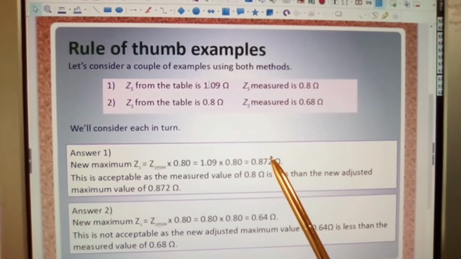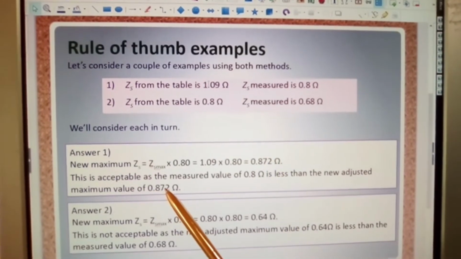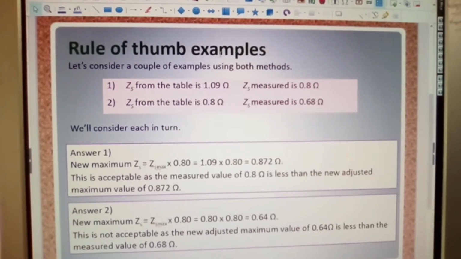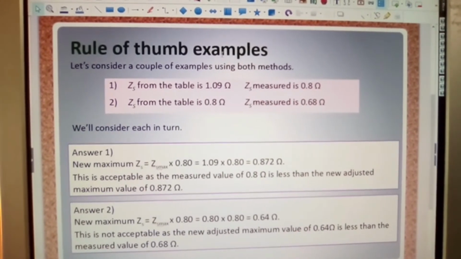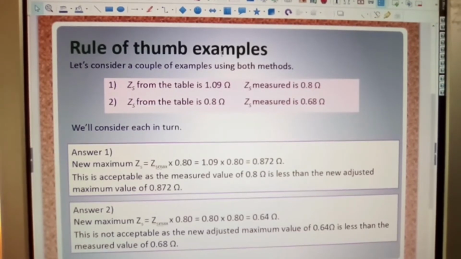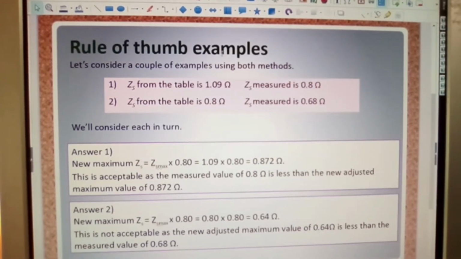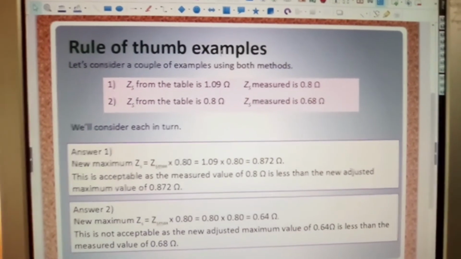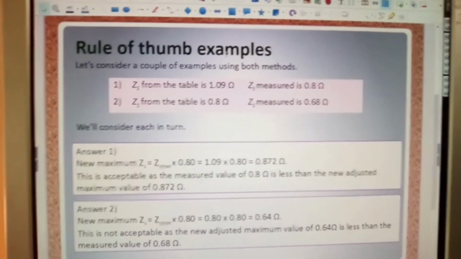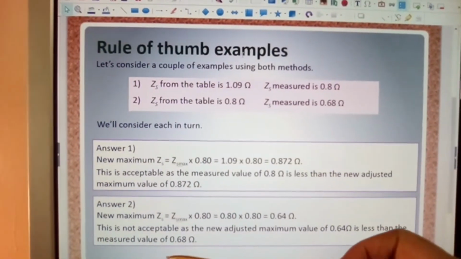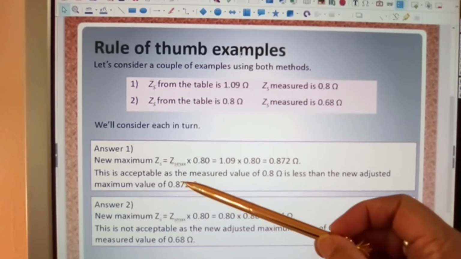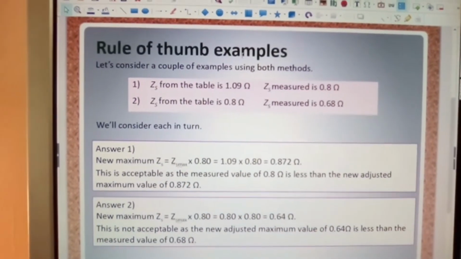And as you can see here, it is acceptable, yes, this is less than this.